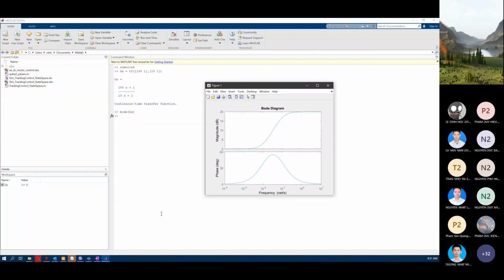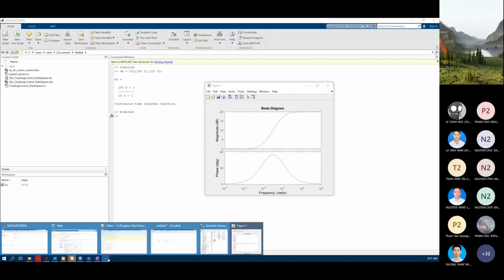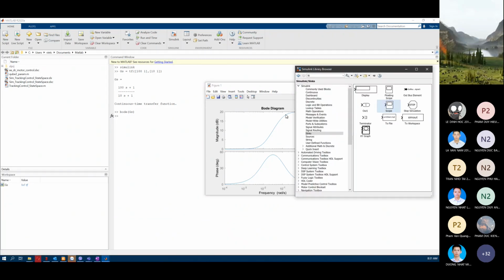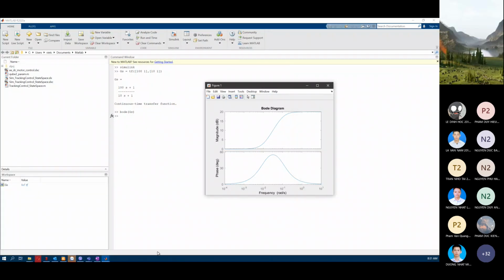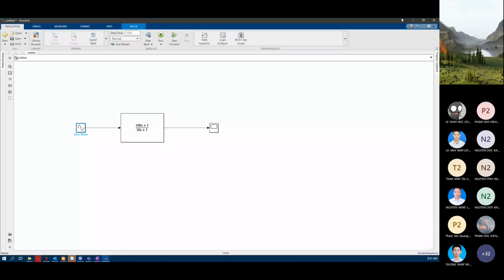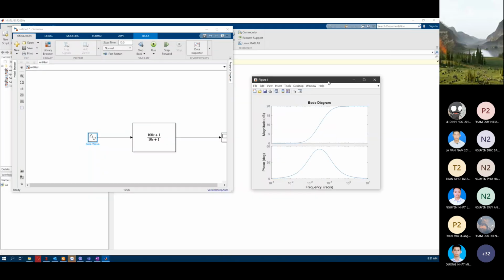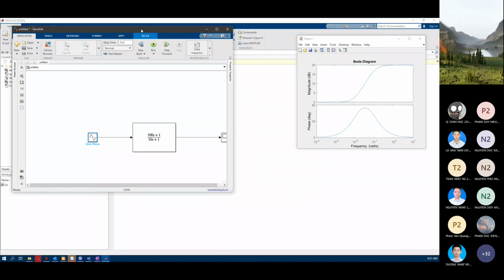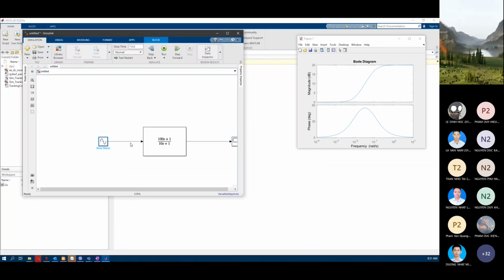Okay, and we will try to verify this Bode diagram by using the simulation here. We already have this one. Here is a Bode diagram. Here is a simulation.